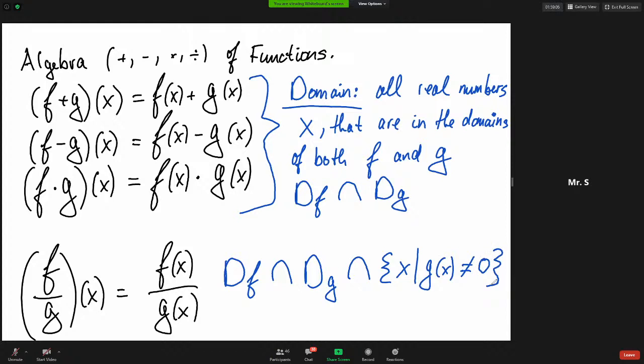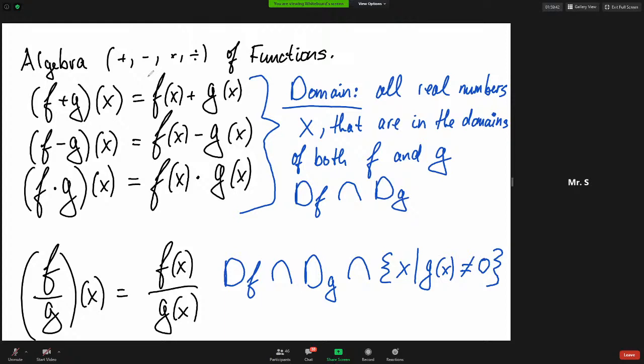Looking at that, it's pretty difficult to grasp what that means, especially if you don't remember too well what these intersection symbols are. But based on the example, you're going to see it's not half that bad. It's not overly difficult. All you're going to do is find the domain of f, find the domain of g, make sure that you take whatever is in both domains, and then on top of that, exclude any values that make g equal to 0 from that. So that would be our definition for algebra on these functions.